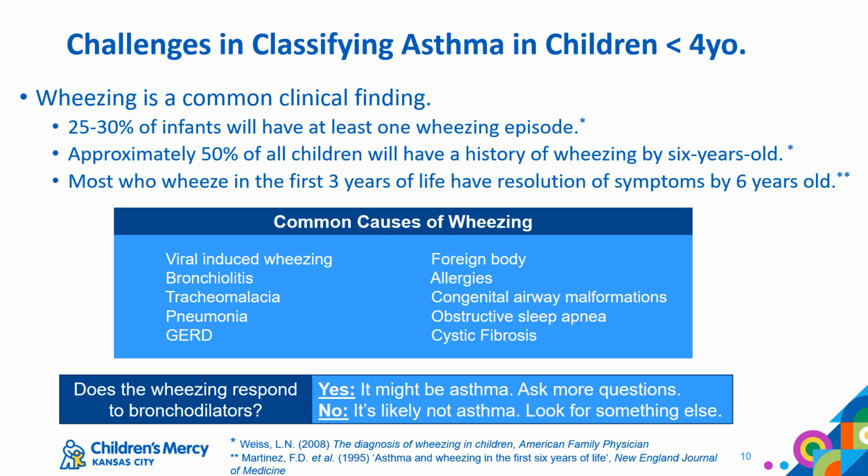This is because wheezing, while a classic symptom seen in asthma, is extremely nonspecific when it comes to toddler illnesses. In fact, 25 to 30% of all infants will have at least one wheezing episode, while half of all children will have a history of wheezing by 6 years of age. While some of those cases may truly be asthma, a surprisingly large number are not.